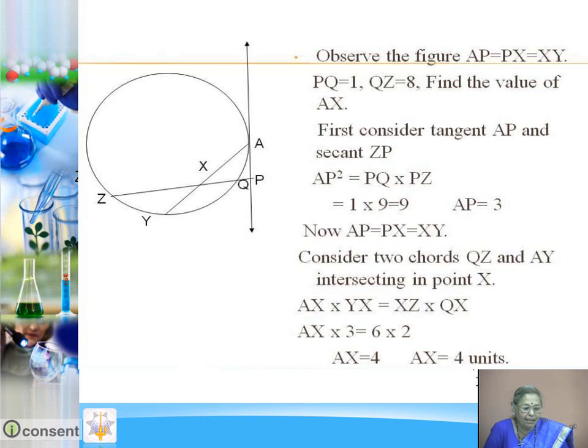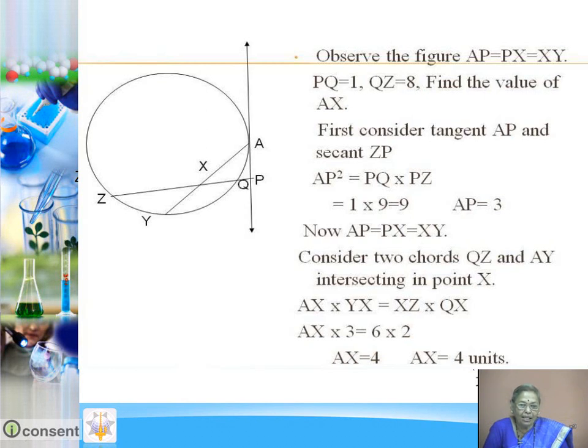Now to find this, first consider that tangent AP and secant PZ intersect each other. From this, you can find out the distance AP. Distance AP will come as 3 units.